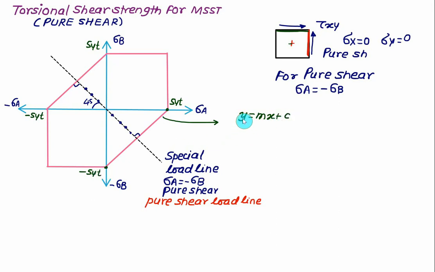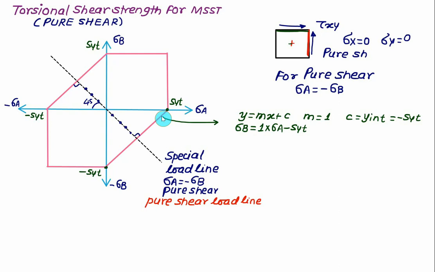On the y-axis we are plotting sigma B. For this line the slope is equal to 1, so we have 1 multiplied by x, which is sigma A, and the y-intercept c will be minus Syt. So this line has the equation mx, that is 1 into sigma A, plus c, meaning minus Syt.